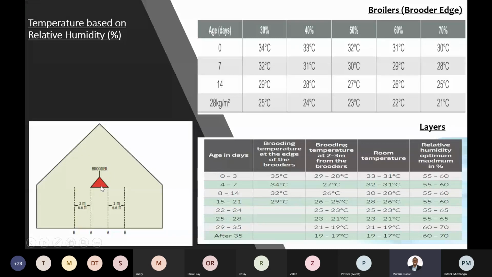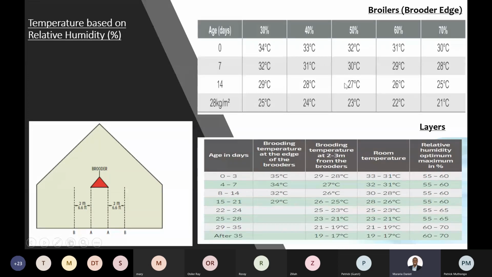So for both just below the direct heat source and 2 meters away, the temperatures are there for the layer bird, and then it's an average for the broiler bird in terms of the expected temperatures of the house. This as well can be shared to you so that you are on point if you're going to use a thermometer in your house.